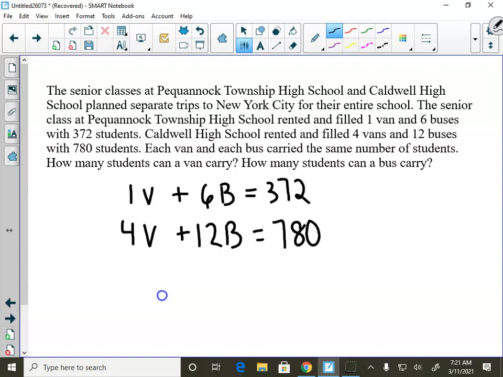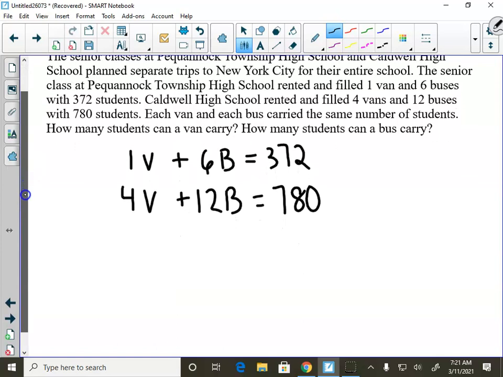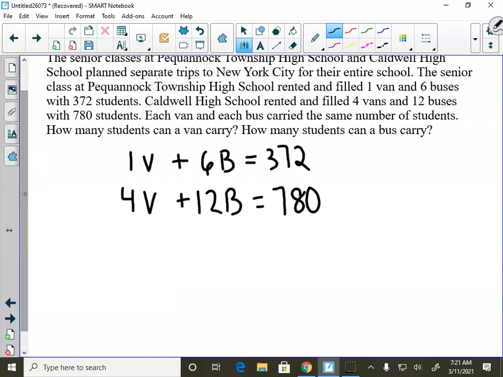Okay, so we look at this problem, and you could use elimination, you could use substitution, you would not want to use graphing. So I guess let's do it with substitution, and then we'll come back maybe and do it with elimination as well.